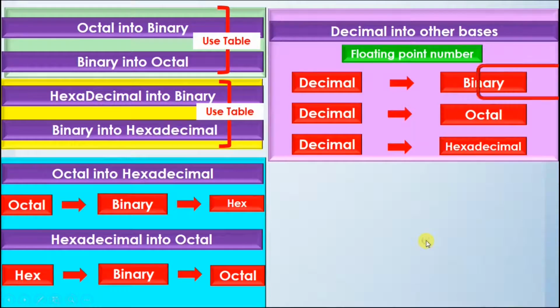So first of all, we will see how to convert decimal into binary using a floating point number. And as I have already told you, the procedure is totally different from the procedure of whole numbers. So let's move ahead.